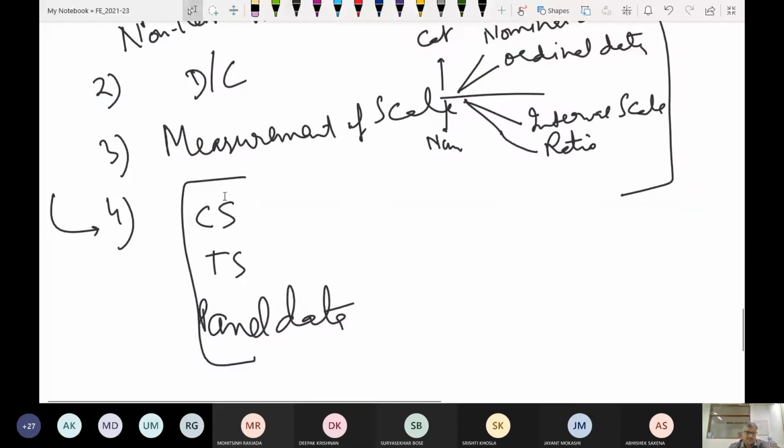Other classifications are also equally important, but this one matters because different models and approaches are based upon what type of data we are handling. According to the data, we decide that this method may work or may not work.